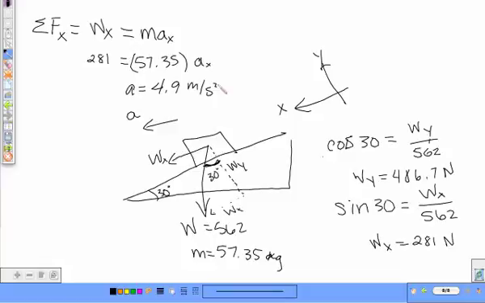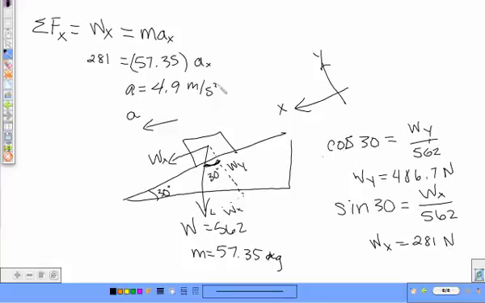There we go. Questions on that one? A lot of the same type of equations as when we're pulling with an angle.